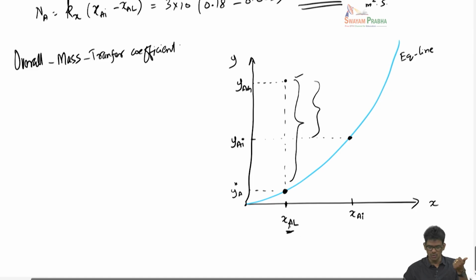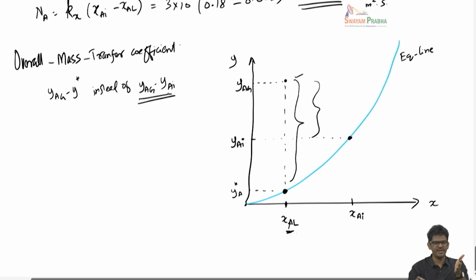Since XAL is known and the equilibrium line is known, I can substitute XAL in the equilibrium line and get YA star, and then use an effective driving force YAG minus YA star instead of the actual YAG minus YAI.